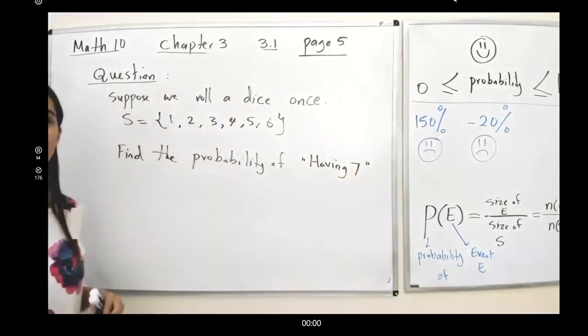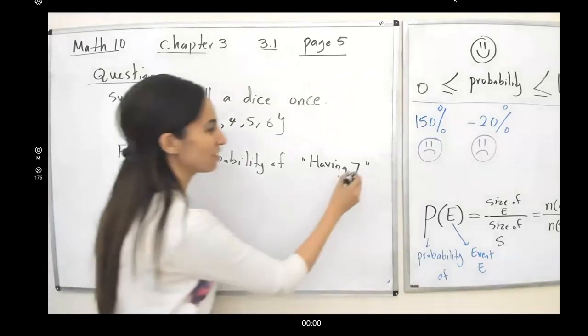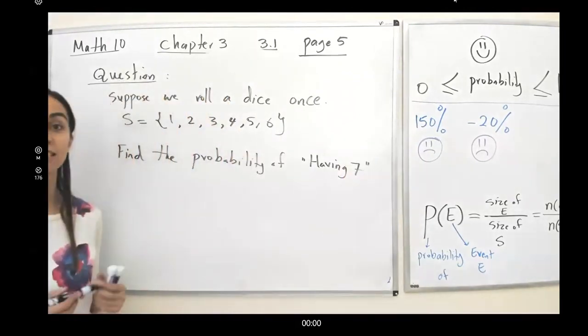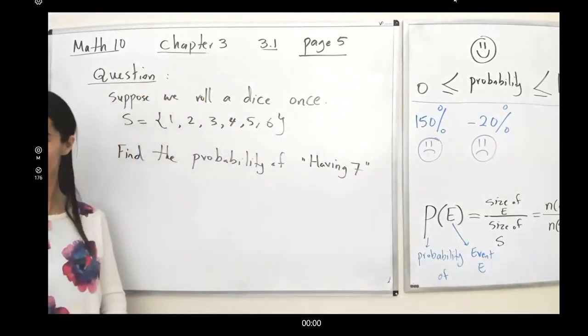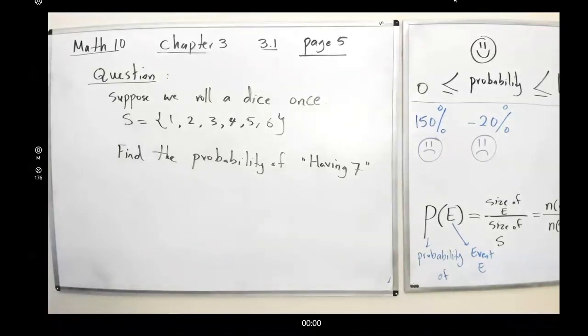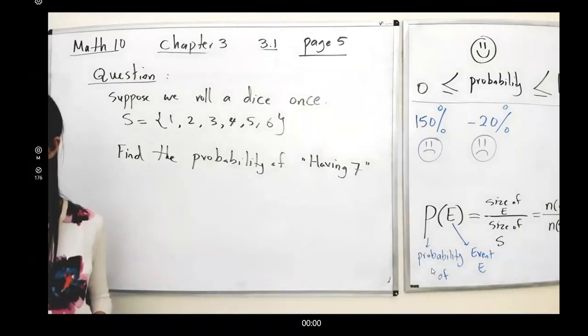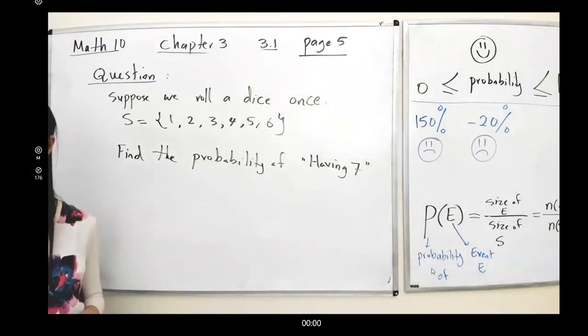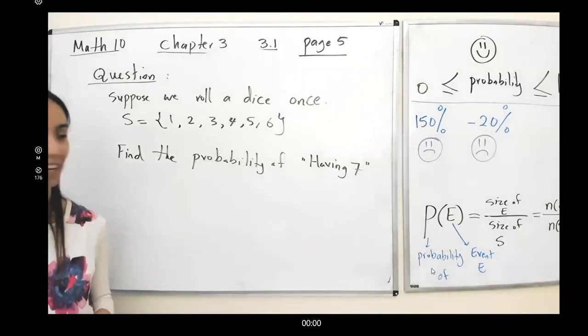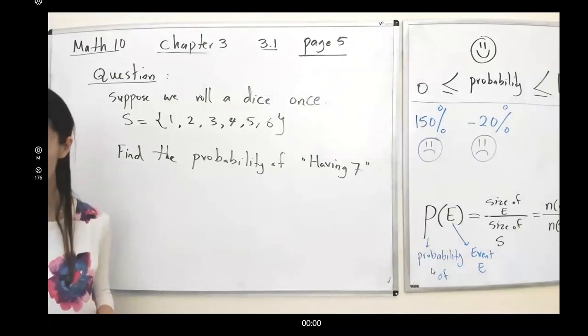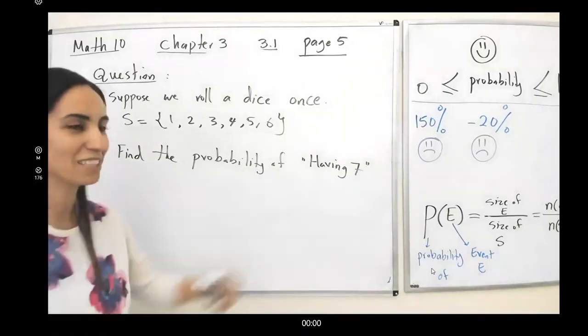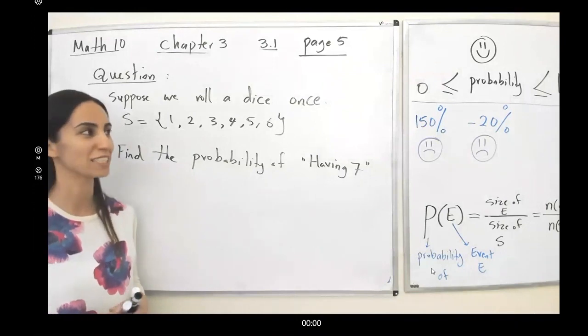How do you calculate that probability? What's the probability of having 7? What do you think? 0, very good, excellent. The probability of having 7 is 0, very good.